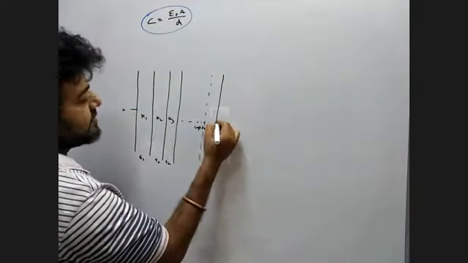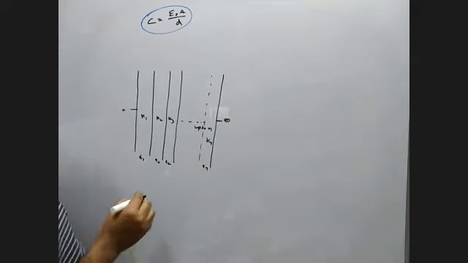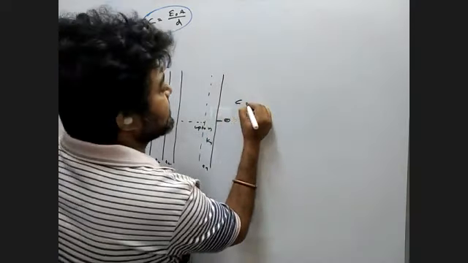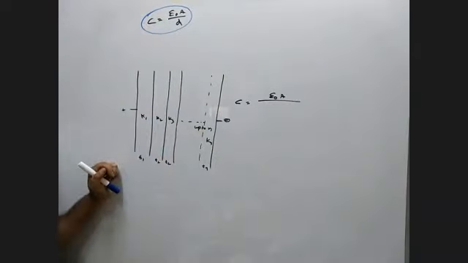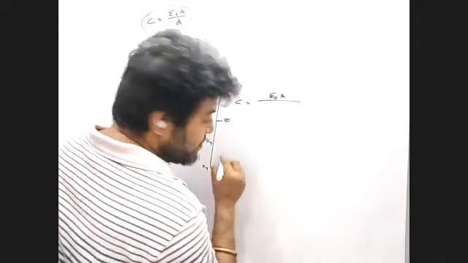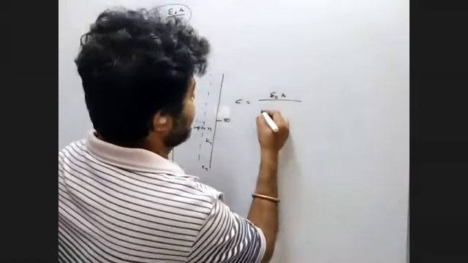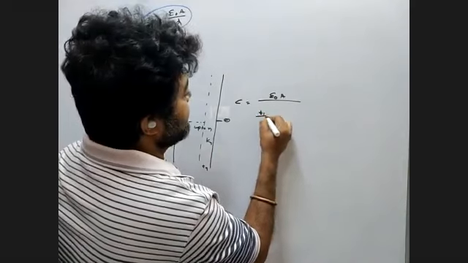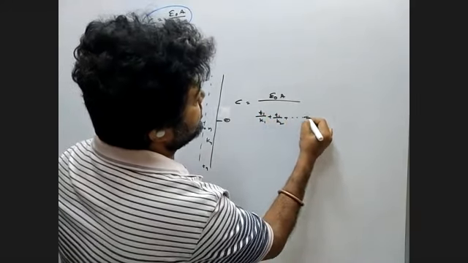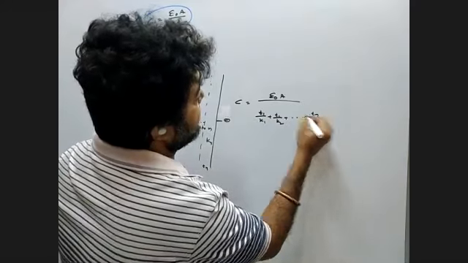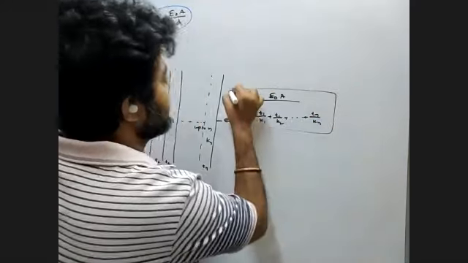This one is plus, this one is minus. So your capacitance, you can write epsilon naught A. No air space is there, so we can write T1 by K1 plus T2 by K2 plus up to Tn by Kn. Everyone, is it okay?